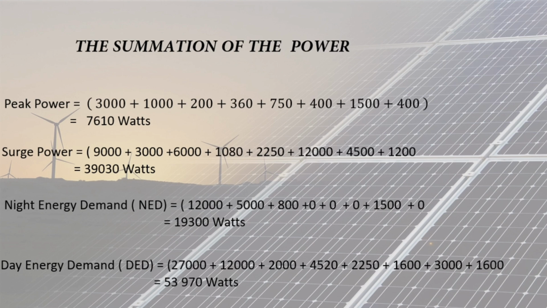After calculating the summation, we now have the total peak power, total surge power, total night energy demand, and total day energy demand. We can now move on to calculating our inverter size, because we have all the necessary information to do so.